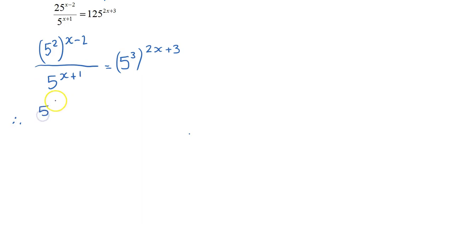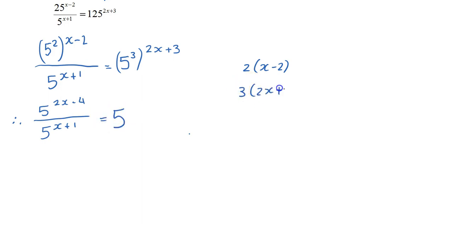So 5 to the power of, we're going to do it in one step here, 2 times x minus 2, so it's 2x minus 4, over 5 to the power of 3 times 2x plus 3, so it's 6x plus 9.